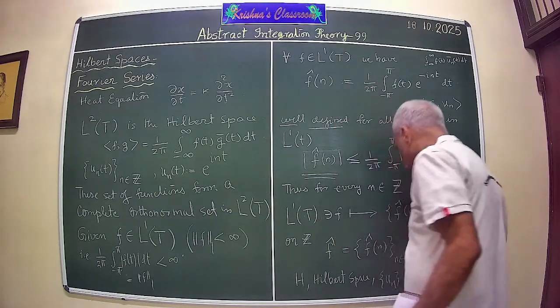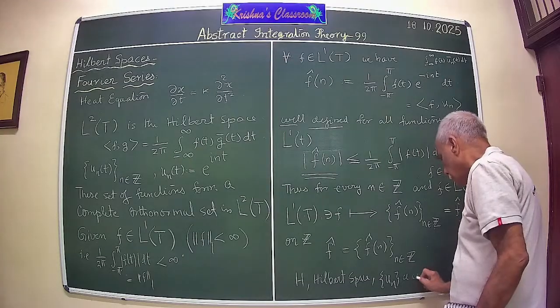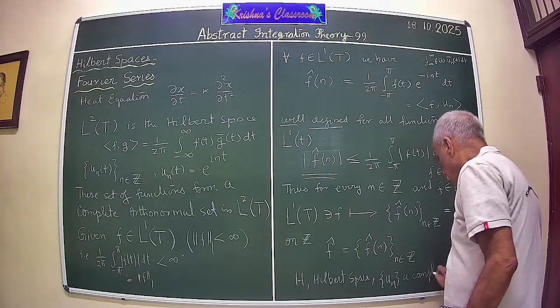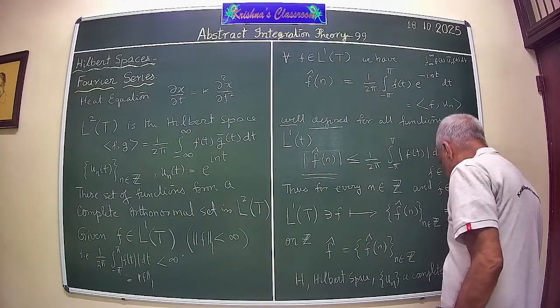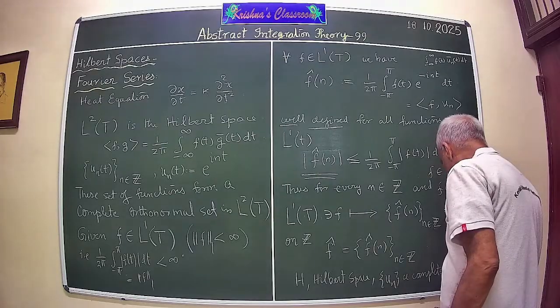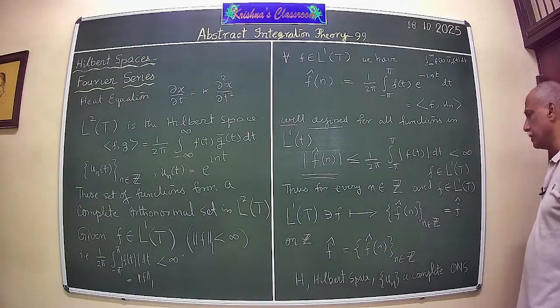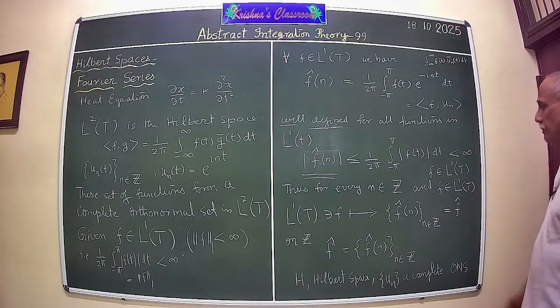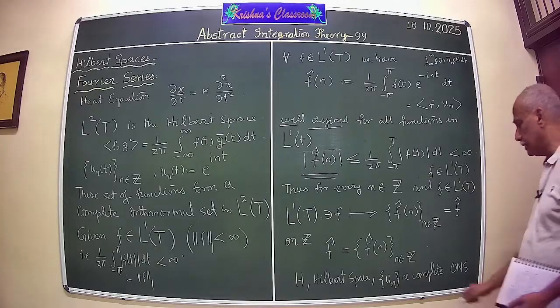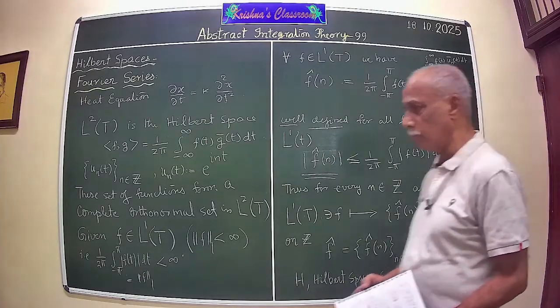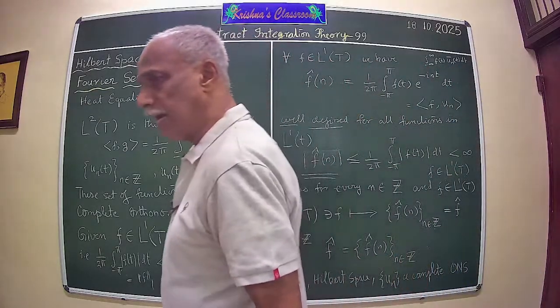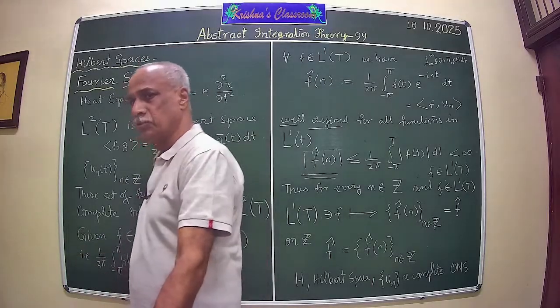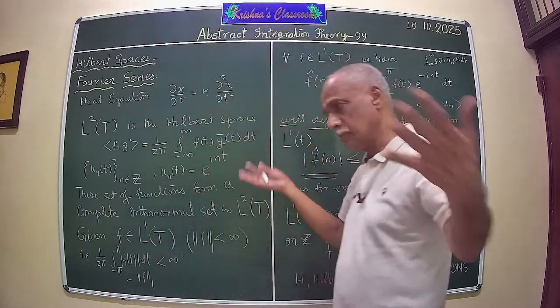when a complete orthonormal set. Now by which you mean that this is a maximal orthonormal set. That means you cannot add in an additional function into that and get a larger orthonormal set.